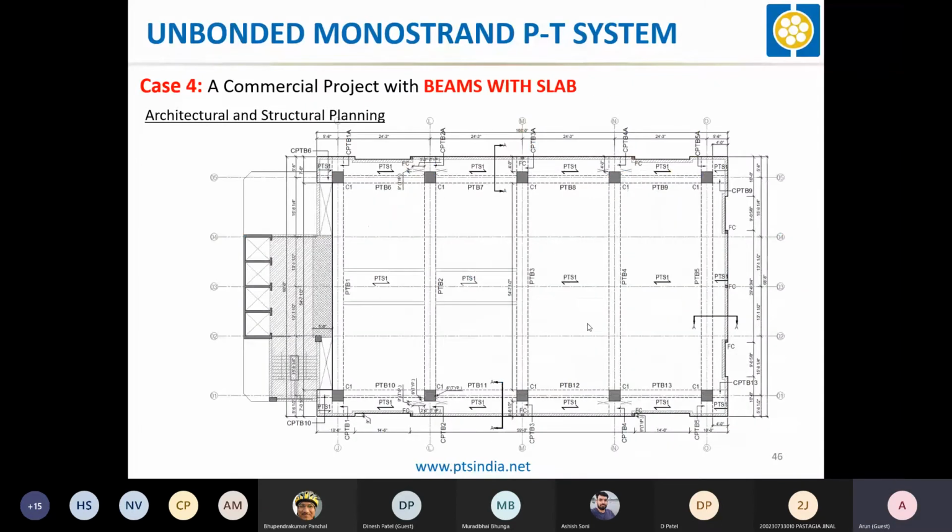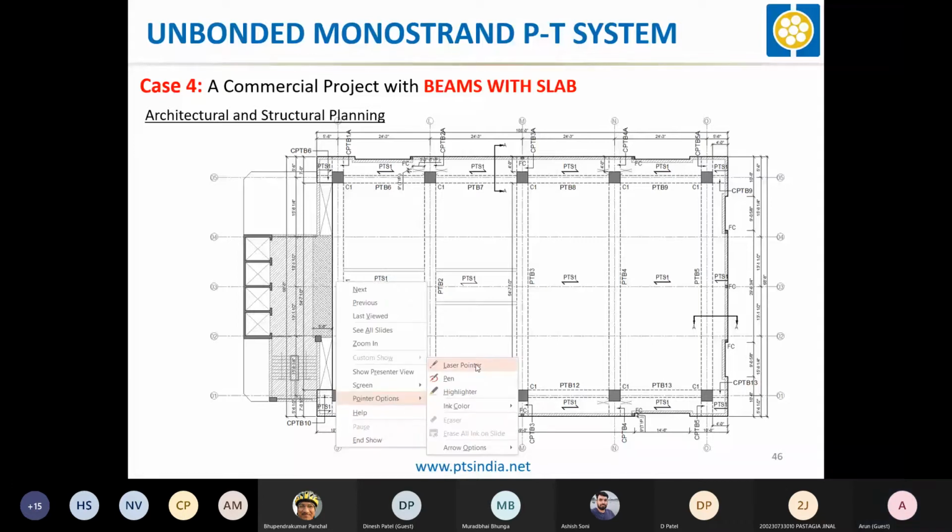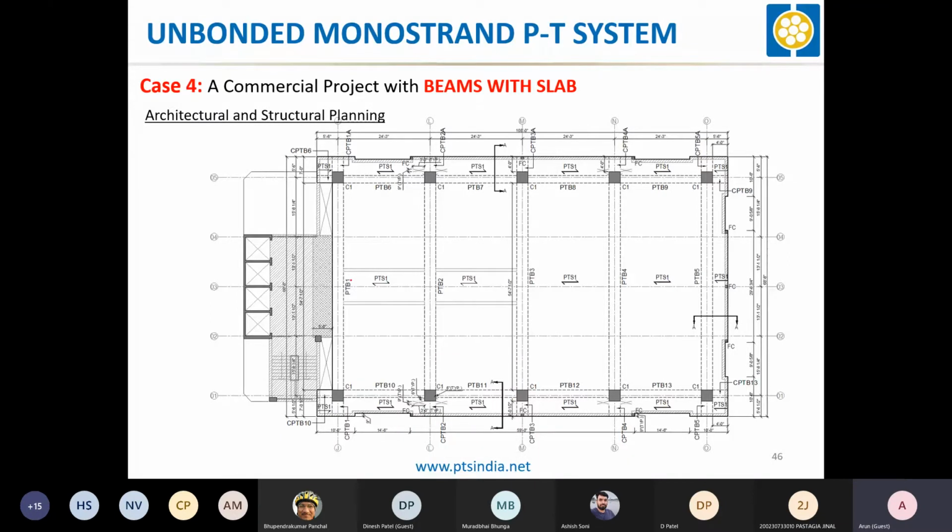Another interesting project is beams with the slab. Here, the client approached us with columns in the middle part of this. Let me check if I can use the pointer option. Yeah. So there was a column here, here, here.